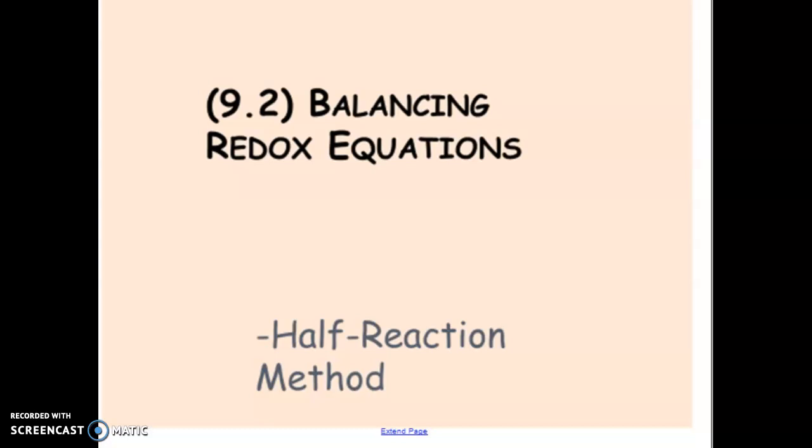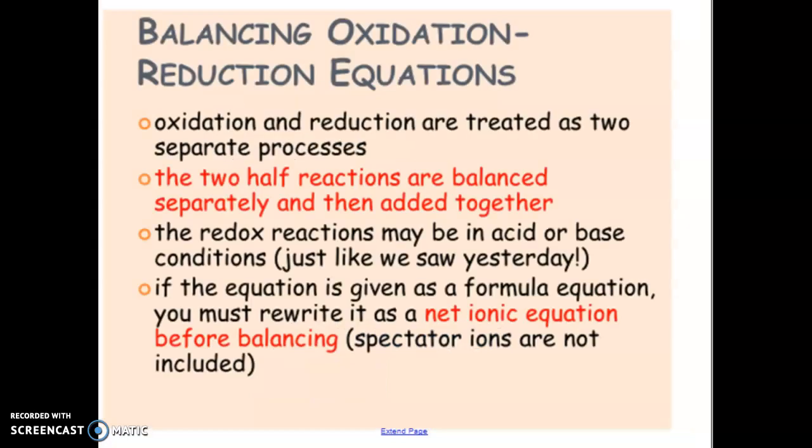Okay, so we're looking at half reactions here. The main difference is actually the setup at the beginning of your reaction. We're still going to assign oxidation numbers, but instead of beginning to balance right away, what we would first do after assigning oxidation numbers is write out the two half reactions.